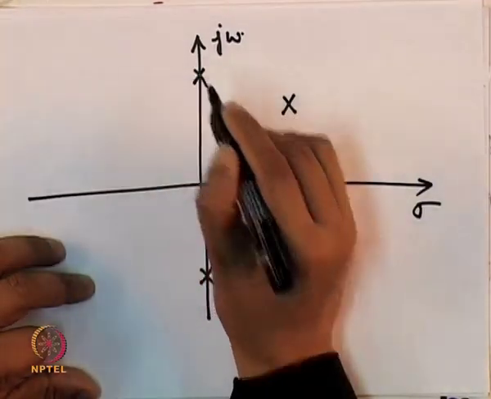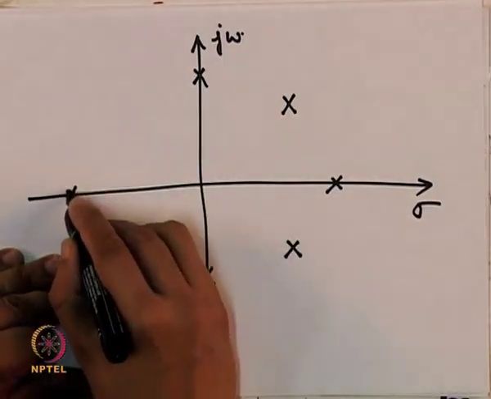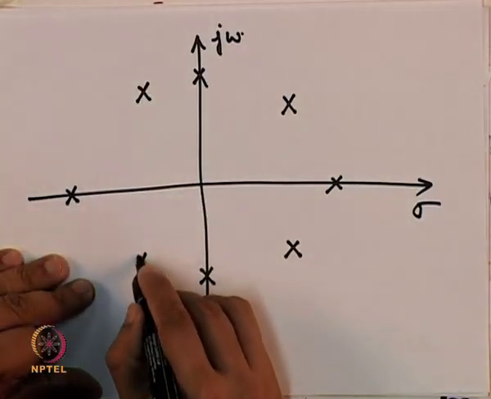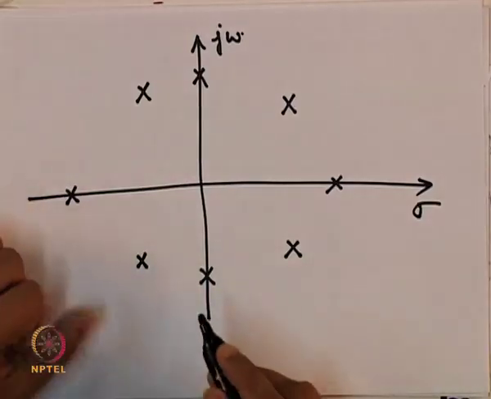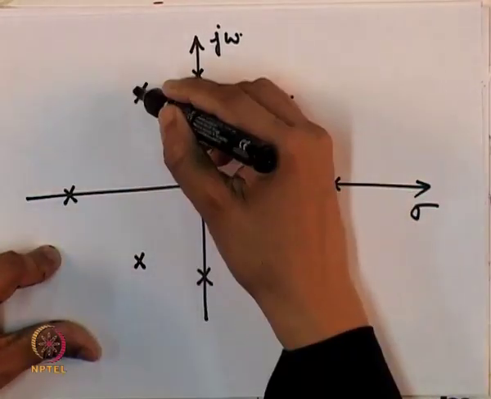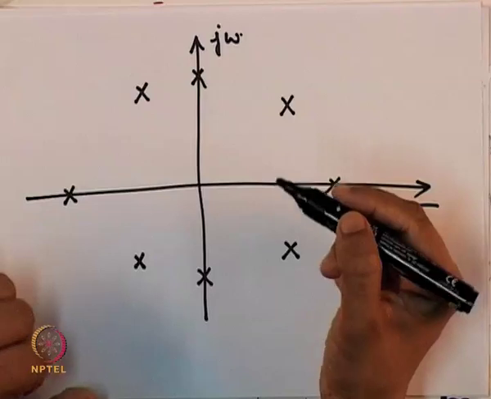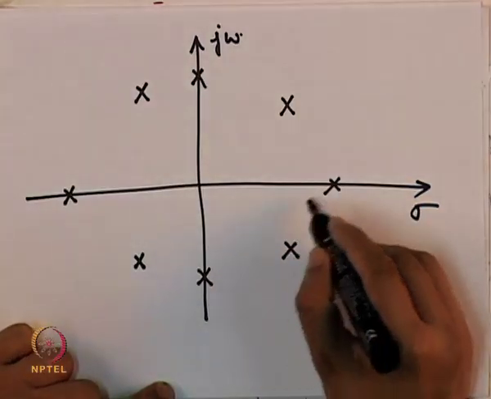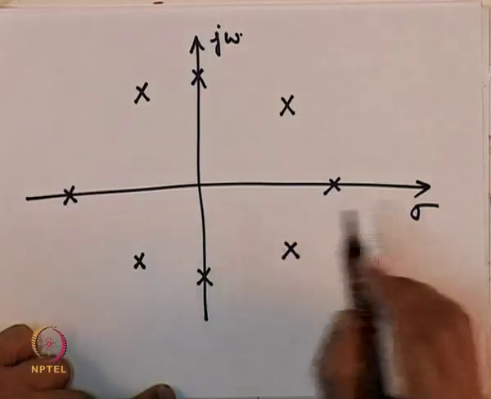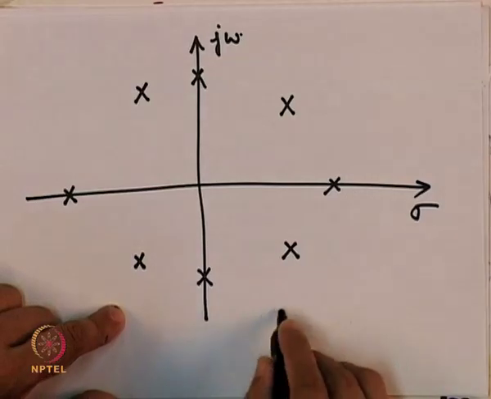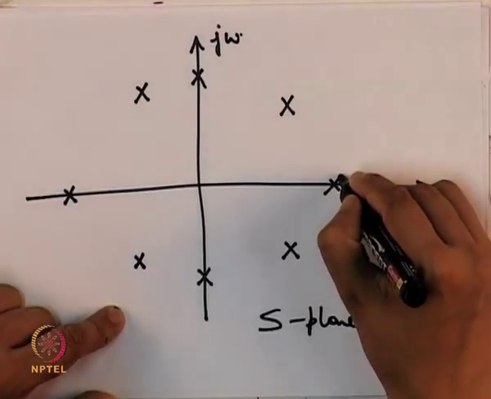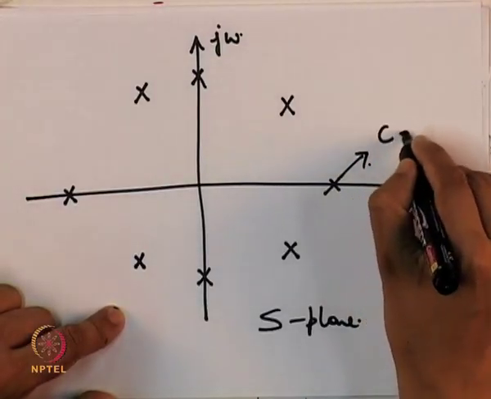The poles can be in one of these regions only, and since we said that the poles will always be in conjugate pairs, these two are conjugate pairs, these two are conjugate pairs. Suppose the poles are on the x axis, that is on the sigma axis, but on the right hand side of the S plane, then the output will be something like this.